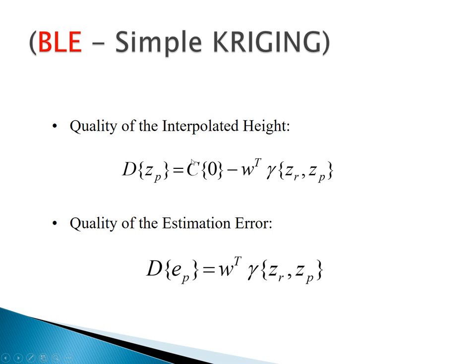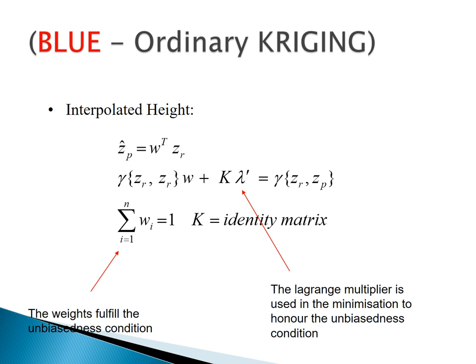To determine the quality, I find my C0 where the sill is located, and then I have my weight matrix and my semivariogram gamma value, and that provides me with that quality of the interpolated height. And then here, this is just the quality of the estimation, so instead of including the C0, I just calculate straight through with the weight and the semivariogram. So that's simple kriging. Believe it or not, that's the simple side.